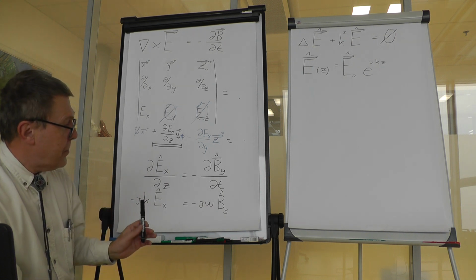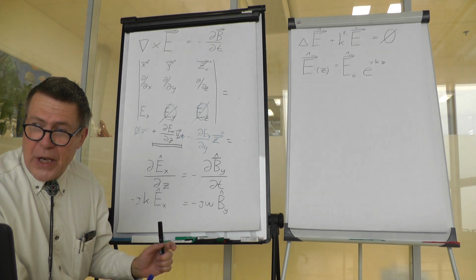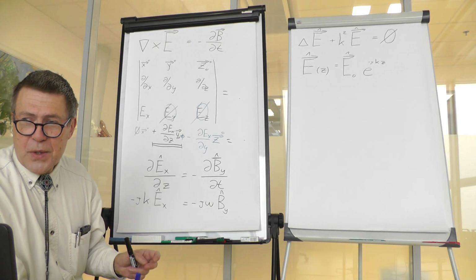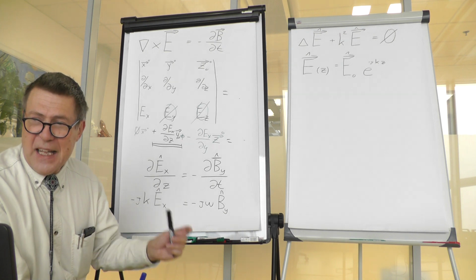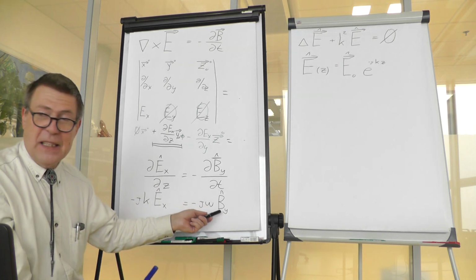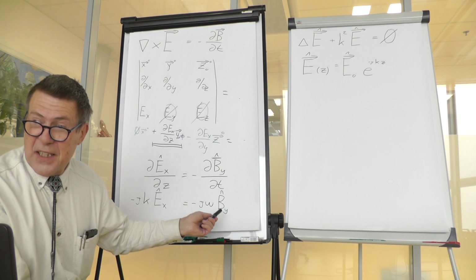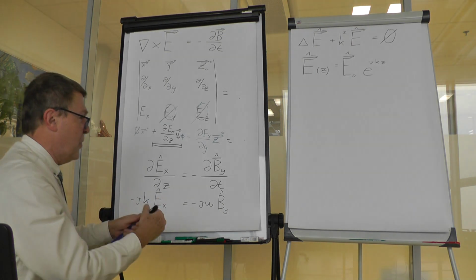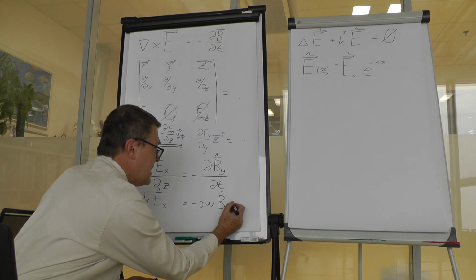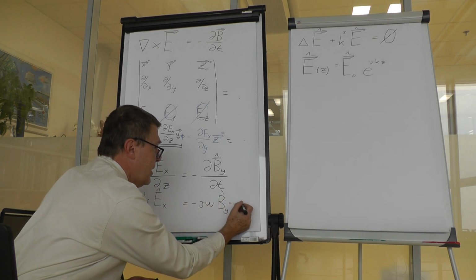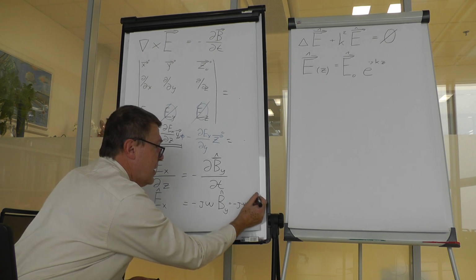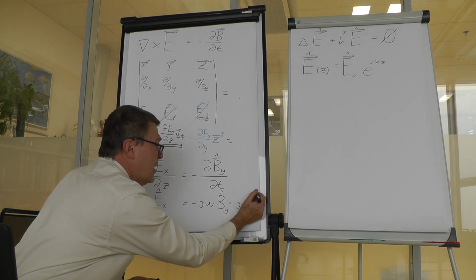Now, let us make a small change. It is more used that people use magnetic field intensity H than magnetic field flux density B. And we can convert that quite easily into the form that the right side is minus j omega mu H in the y direction.